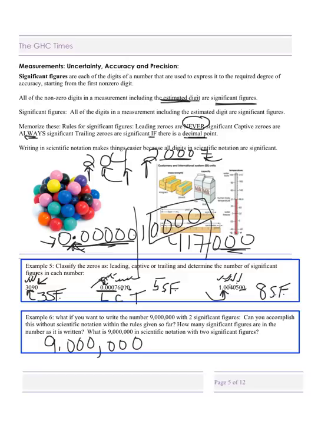Well, the 9 is significant because it's not 0. What about the zeros in this particular number? They are at the end of the number, so they are trailing zeros. Trailing zeros are significant if there is a decimal point. There is no decimal point in this number. So right now, we have 1 significant figure.